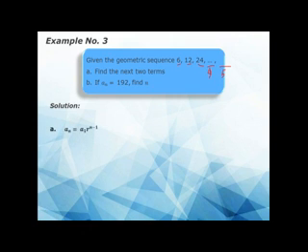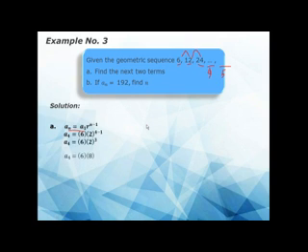So using the formula for getting the nth term, we'll have a sub 4 is equal to the first term, which is 6, and the common ratio is 2. So we have 12 divided by 6 is equal to 2, and 24 divided by 12 is equal to 2.